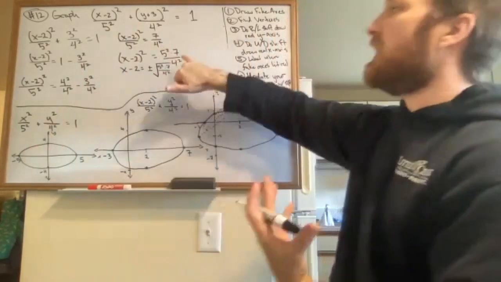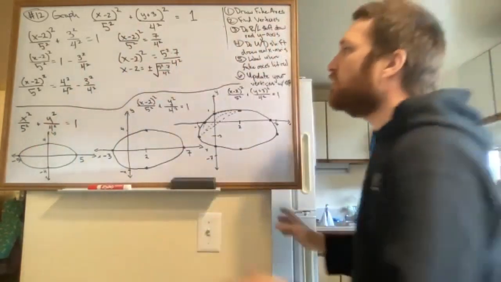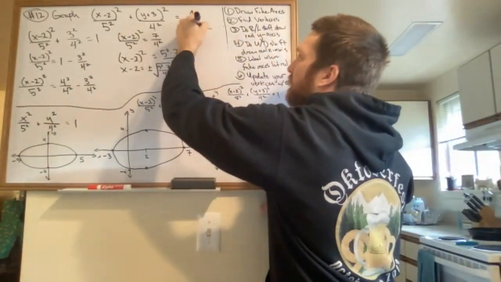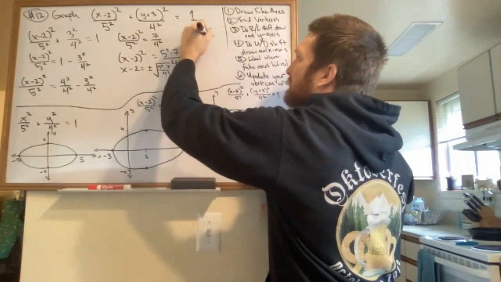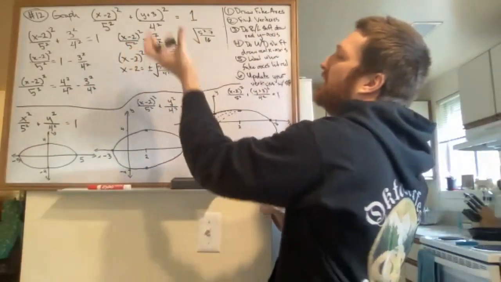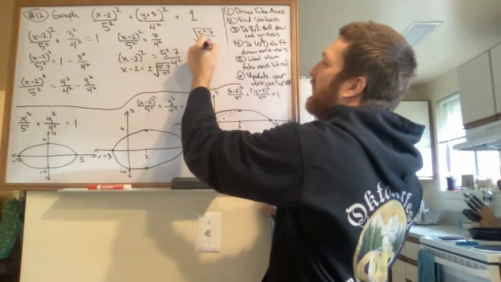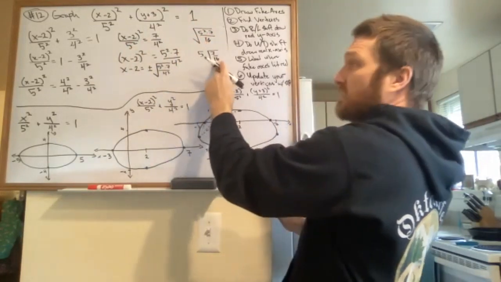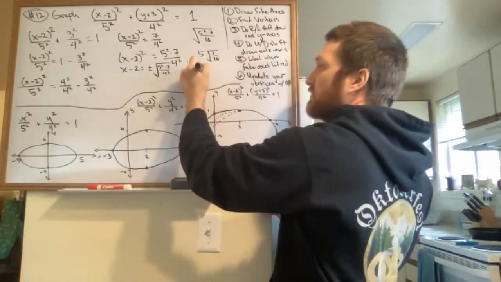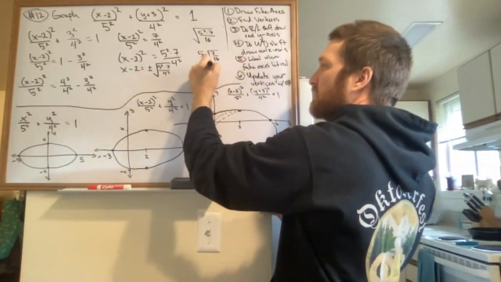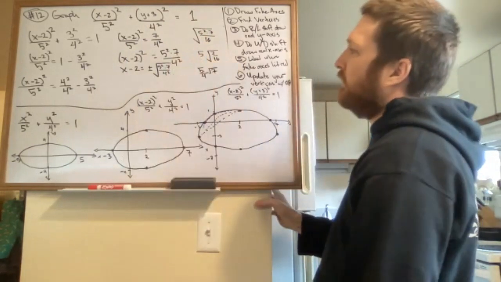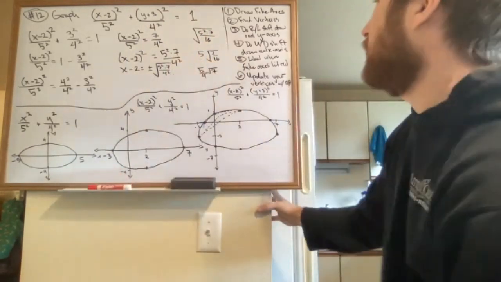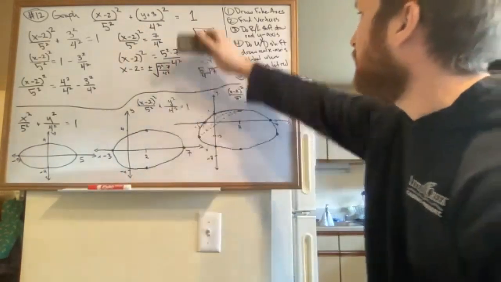Now, had you done it with a 16, you would have the square root of 5 squared times 7 over 16, and you'd end up with the same thing. You'd say, oh, wait, I could pull out a 5 from there. Oh, it's over 16, I could pull out a 4. So you'd end up with 5 quarters times the square root of 7. But however you want to do it, it's all equivalent.